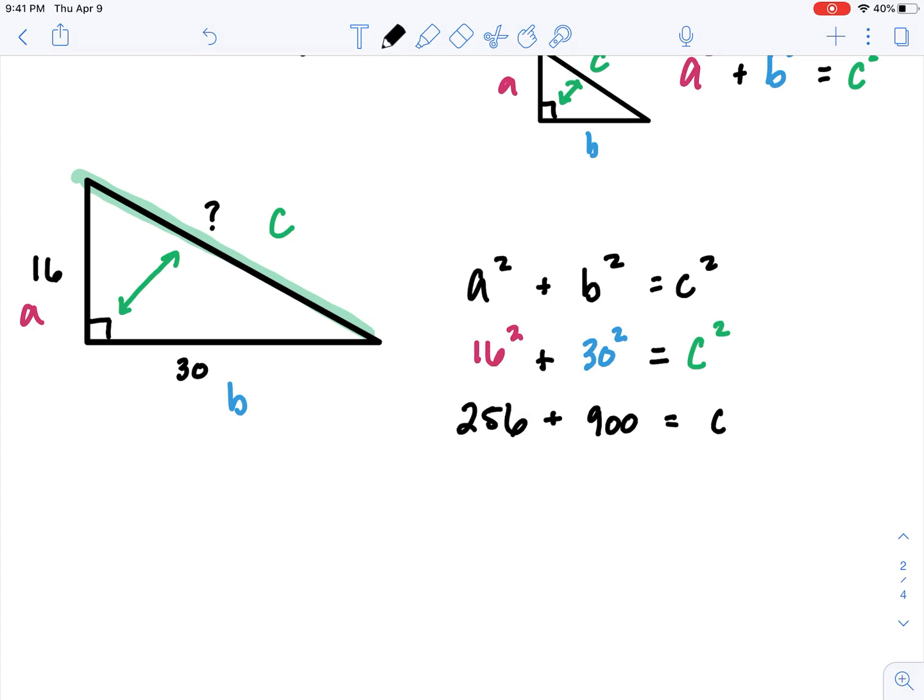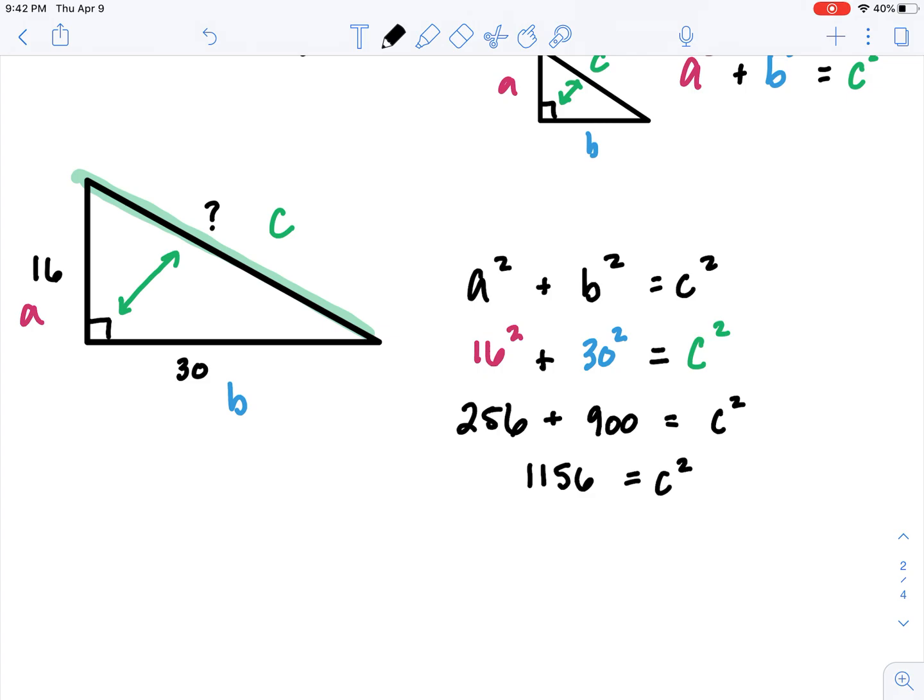And we still have C squared over here. Okay, 256 plus 900 should be 1156. Alright, so I have 1156 equals C squared.